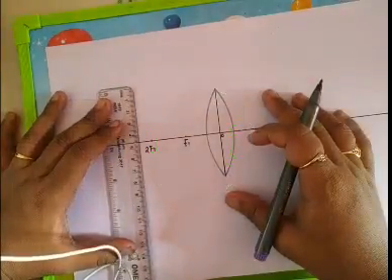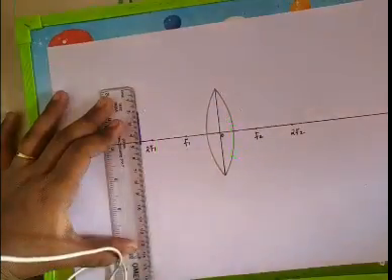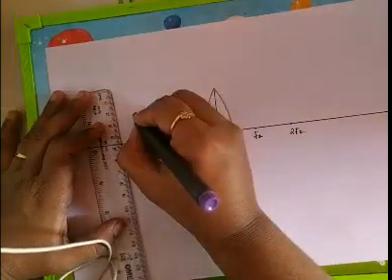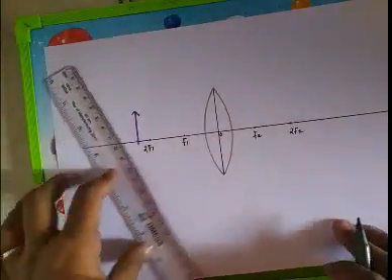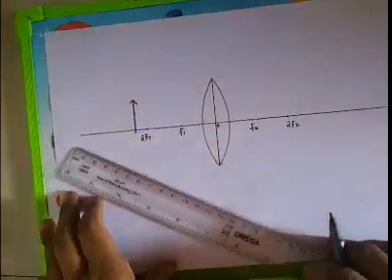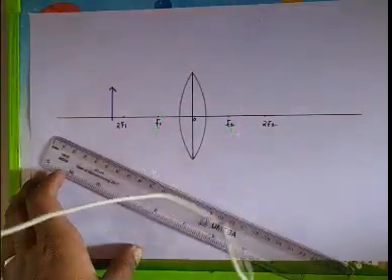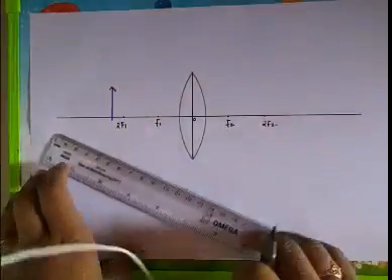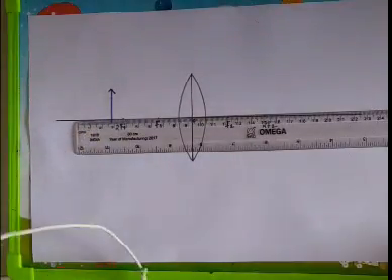I'm keeping the object beyond 2F1. This is my object beyond 2F1. If the object is kept beyond 2F1, how will it form an image? That we will see.